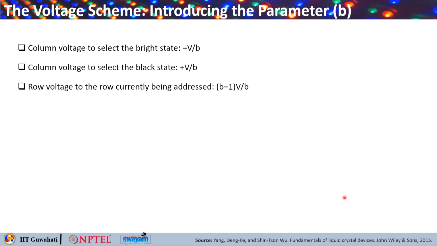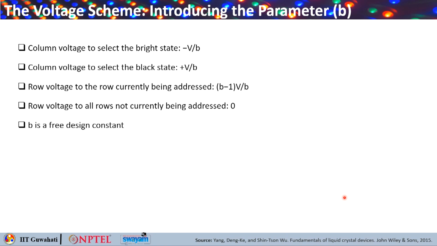The negative V by b is used to select the bright state of the pixel for the currently addressed row, and the positive V by b is used to select the black or dark state. Now there are two row voltage levels. The row actually being addressed will get (b minus 1) V over b, whereas the other rows will get exactly 0.